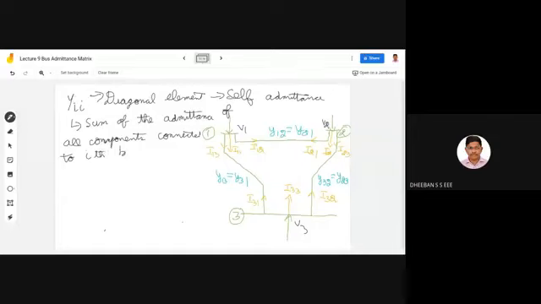So for the self admittance of the first bus, Y11 is y11 plus this y12 plus this y13. These three admittances are connected to the particular bus, that is your first bus.